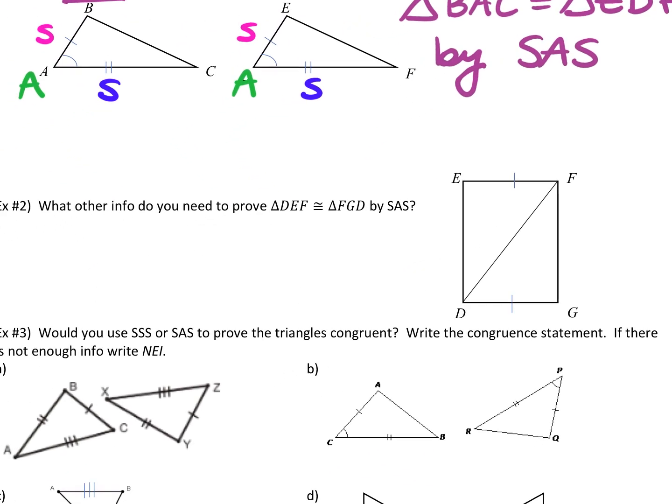So take a look at this picture. It says, what other information do you need to be able to prove these two triangles are congruent by side, angle, side? Now, just because something isn't marked for you doesn't mean it's not true. There's something you know here that's not marked, but we know to be true. What do we know to be true here?